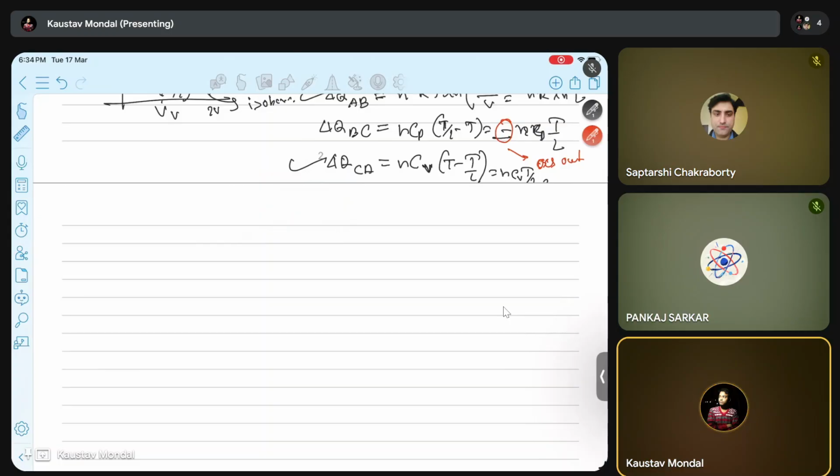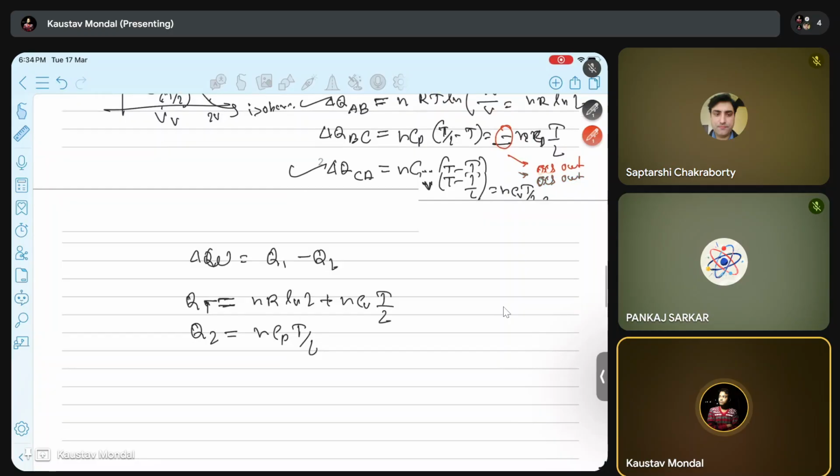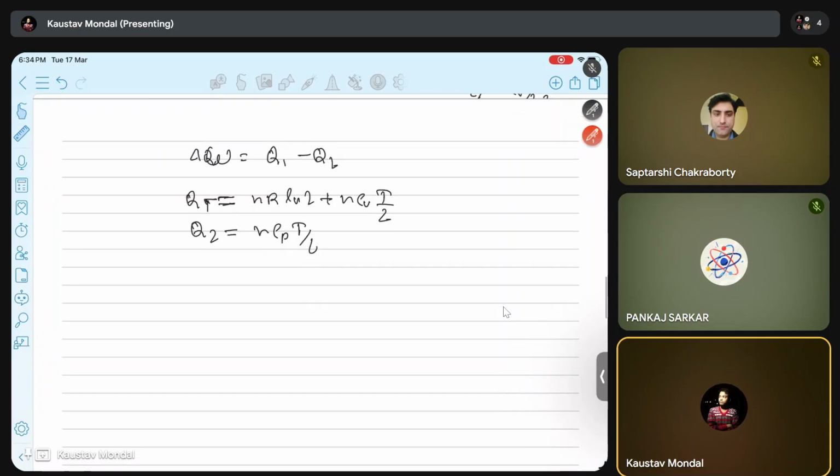Here delta W equal to Q1 minus Q2. Q1 is the heat that goes into the system, that is nRT ln 2 plus nCv T by 2, right? And the heat that is going out is given by nCp T by 2, that we have already calculated. So that is basically the work done.